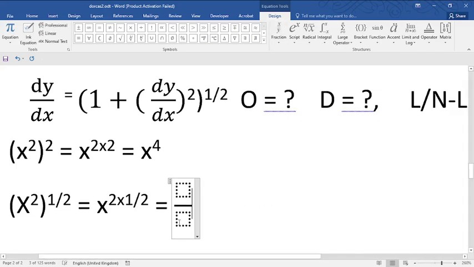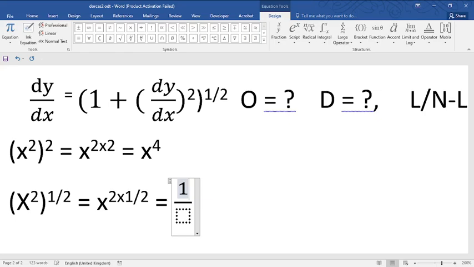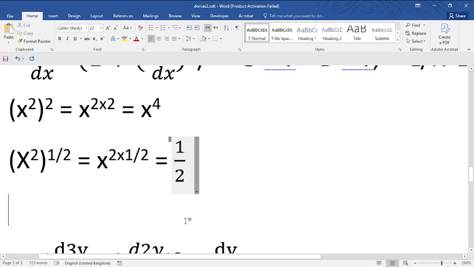Let's say if you are having 1 all over 2 and then multiply by 2.